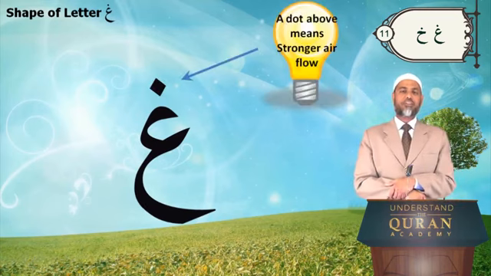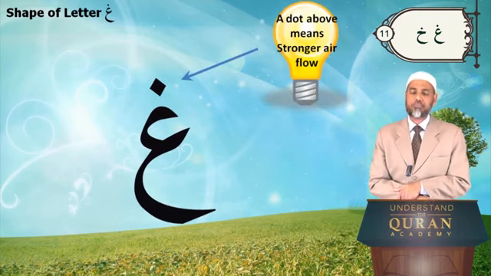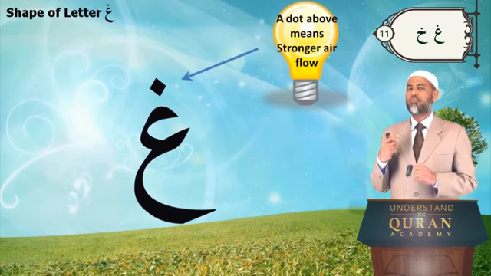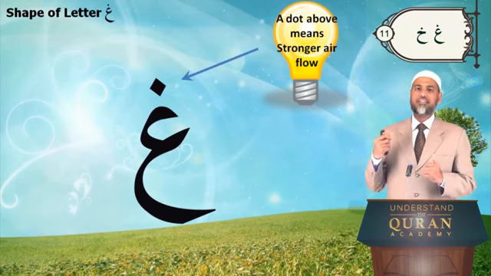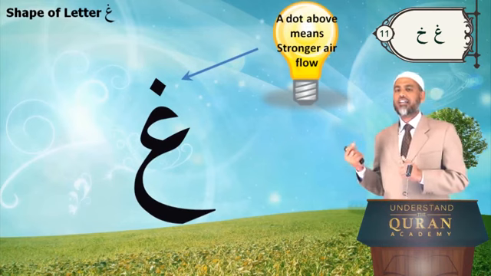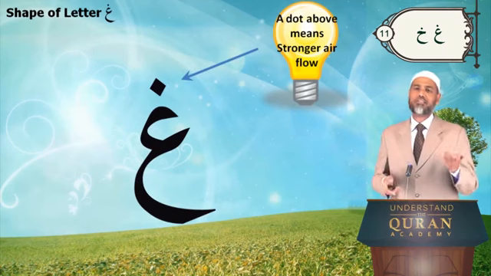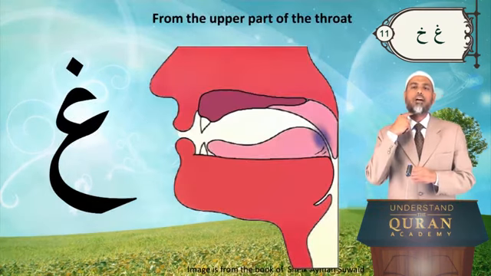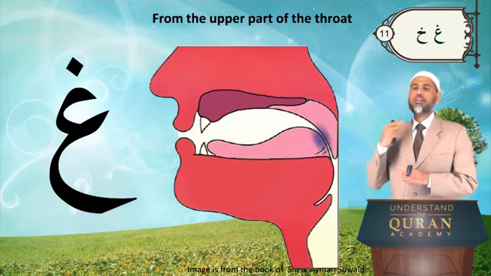And also remember the clue, a dot above, which is our ghurab, means strong airflow, like Ra and Za, Dal and Dha. Similarly Ain and Ghain. So you cannot mix the two, remember that clue. Ghain comes from the upper part of the throat, as shown in the picture.